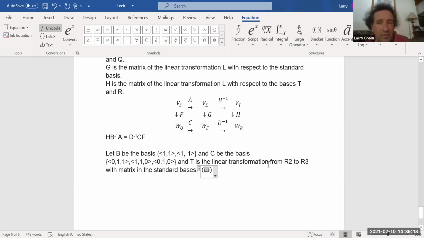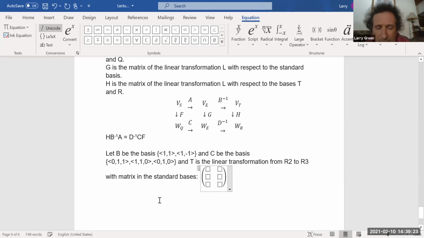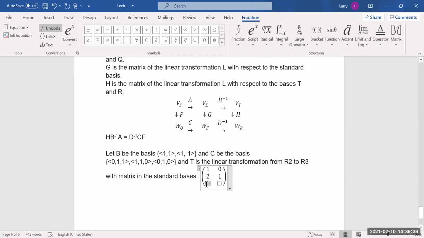So 2 columns, 3 rows, sorry. By the way, is T going to be an invertible matrix? No, it can't be.